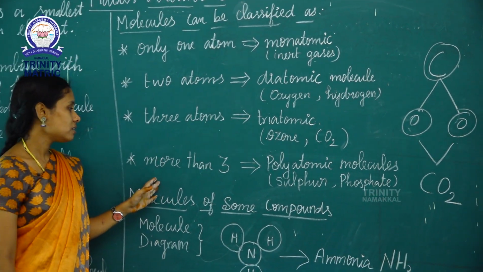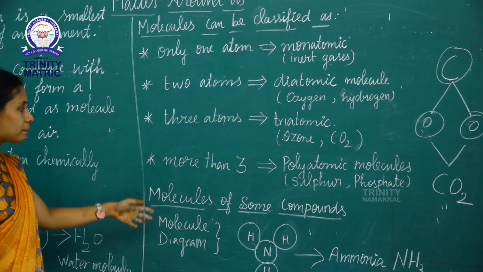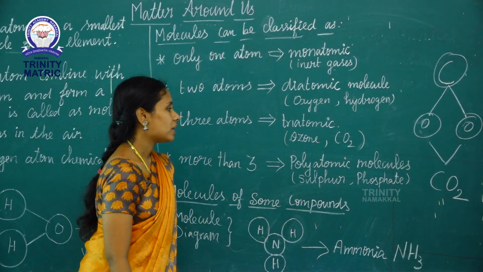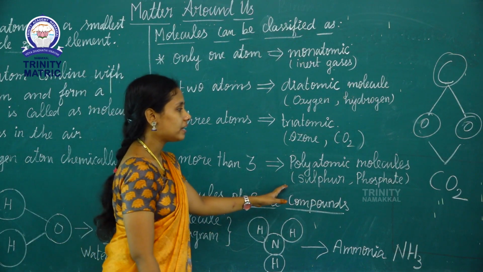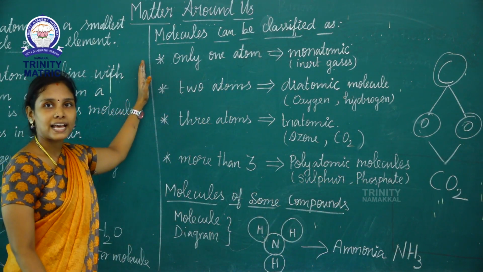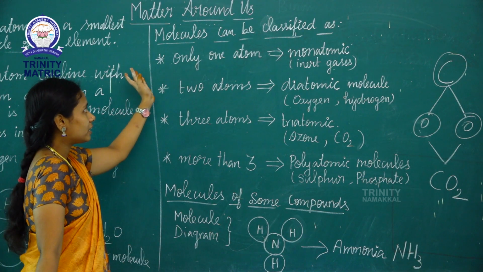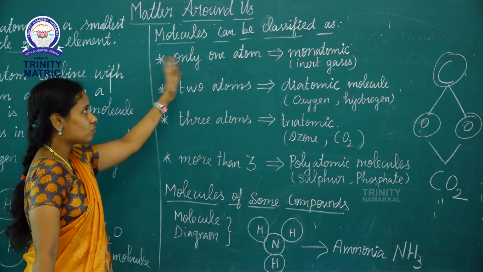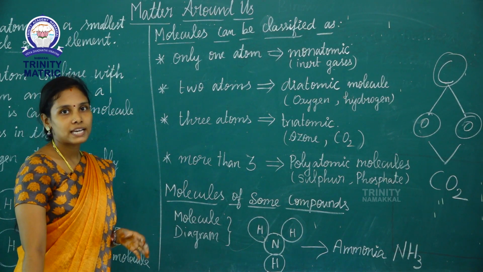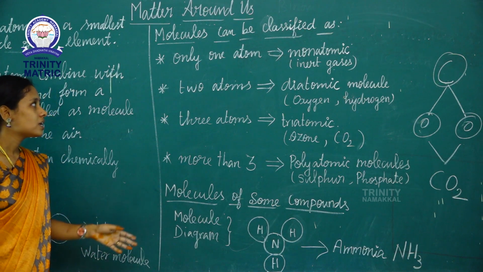Then a molecule that combines more than three atoms is called a polyatomic molecule. Example, sulfur and phosphate. So molecules can be classified into four types only. Molecules with one atom are monoatomic, like the inert gases helium, neon, krypton, xenon.